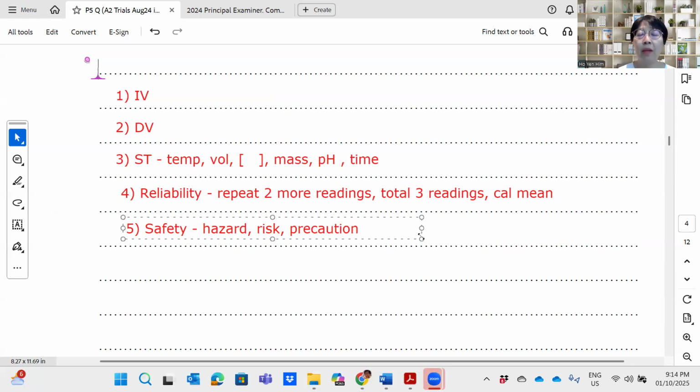Risk is you can cut your finger. So the precaution is, don't wear gloves, as a knife can cut a glove, and cut away from the finger, don't cut towards the finger, right? Okay. So these are the three things you need to mention to qualify for 1 mark for safety. Usually only 1 mark for safety. Don't write 5 things there. 5 things also is 1 mark only.